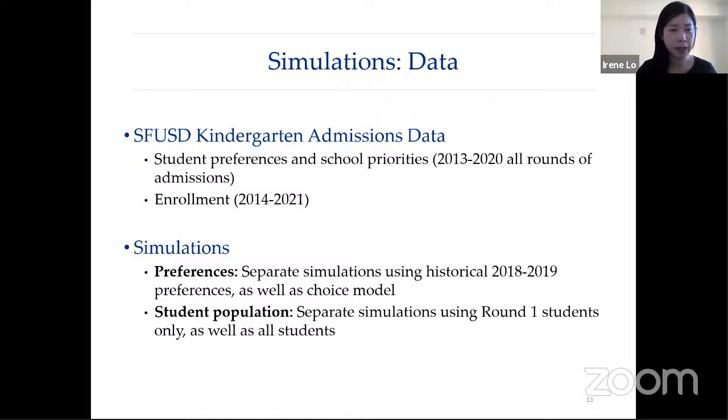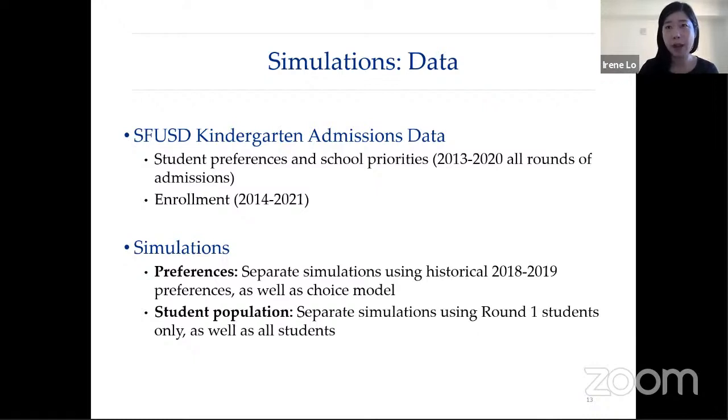And then we also look at different groups of students. We look at what happens if we only consider students who enter in the first round, as well as students who enter in all of the rounds. By rounds, I just mean that student assignment happens at a couple of times during the year. There's a main round that happens in February, March, but there are some students who miss that deadline and they are assigned maybe in June or in August instead.